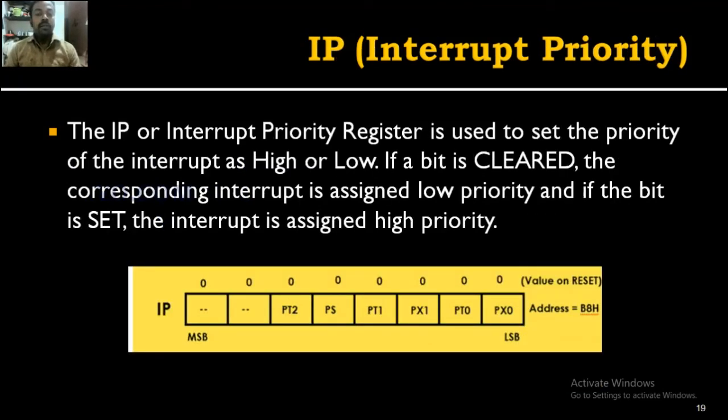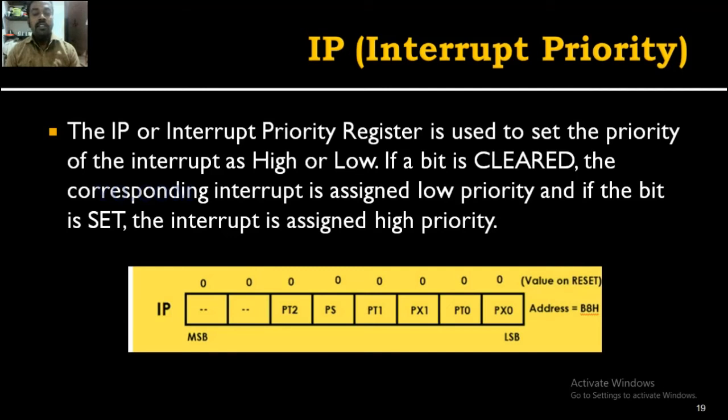Then IP, interrupt priority. The IP or interrupt priority register is used to set the priority of an interrupt as high or low. If two or more interrupts occur at the same time, the microcontroller will get confused about which interrupt to service. In this case, the interrupt priority gives the priority level, so it decides which interrupt is serviced first and which is serviced second.